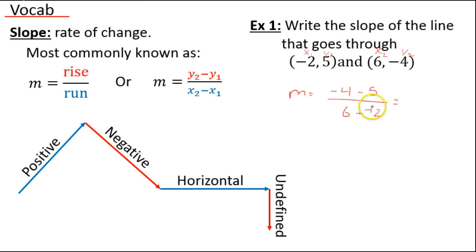Again, these two negatives give you a positive, because when you're subtracting a negative, we're adding the opposite, so we get negative 9 over 8 is our slope. So that means if it's rise over run, we're going to drop 9 units, and we're going to go to the right 8 units.